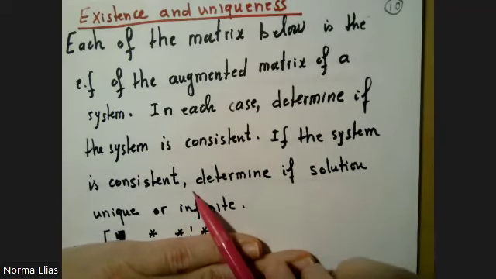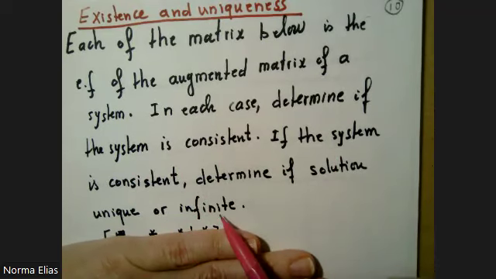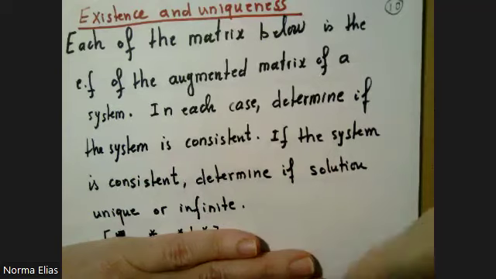If the system is consistent, I want you to tell me if the solution is unique or infinite. Is the question clear? I have a system, I reduced it, I get something, I will show you what I got, and you have to tell me that if you reach this stage, what can you say? Do we have consistency? In case we have consistency, is the solution unique or infinite?